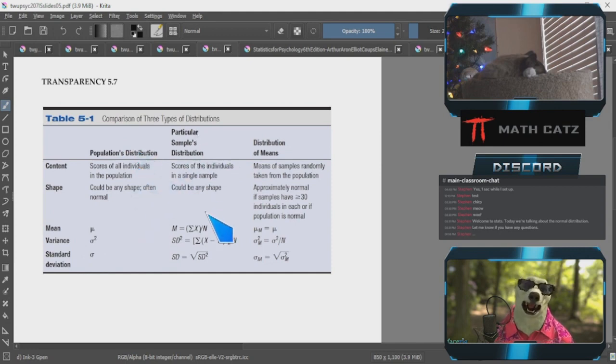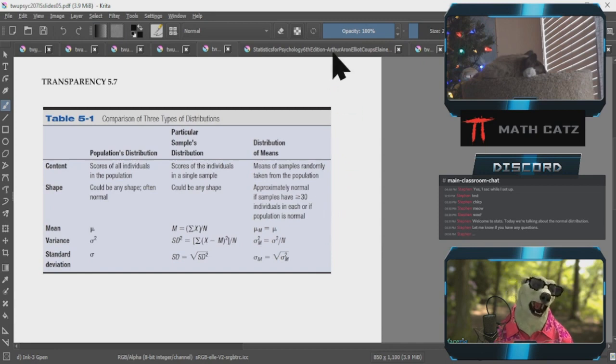Our sample itself has statistics, mean, variance, standard deviation, and I'll use that, but on the distribution of means, which has parameters same as the population, mean, variance slightly adjusted by sample size. Then, of course, I can get the standard deviation, and that distribution is normal if I have at least 30 as my sample size. All right.